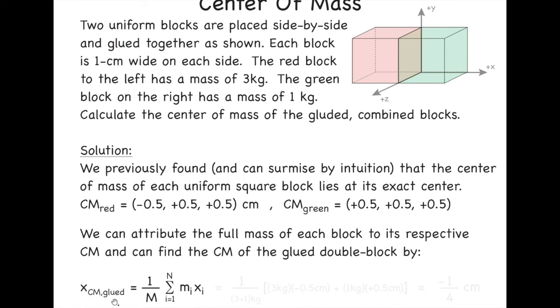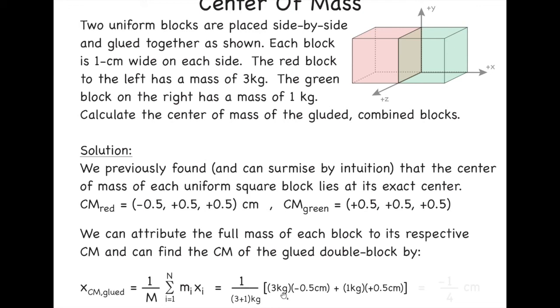and the center of mass for the x coordinate is 1 over the total mass of the system times the sum of these mass-weighted positions, right? And so plugging in numbers, total mass is 3 plus 1 kilograms.